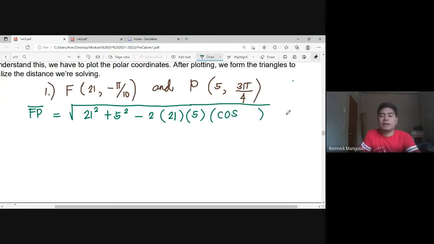Yan. Pinaka-crucial dito is the angle. The included angle. So para maintindihan mo kung ano yung included angle, i-start natin i-illustrate.